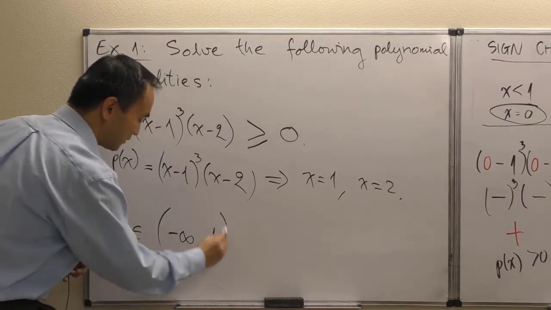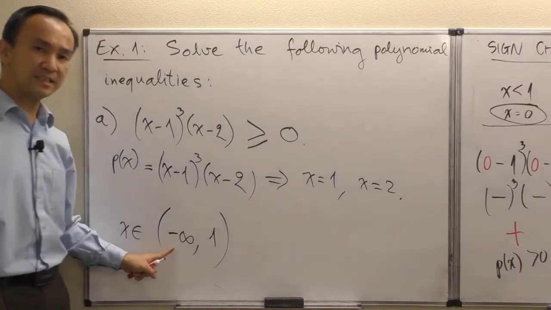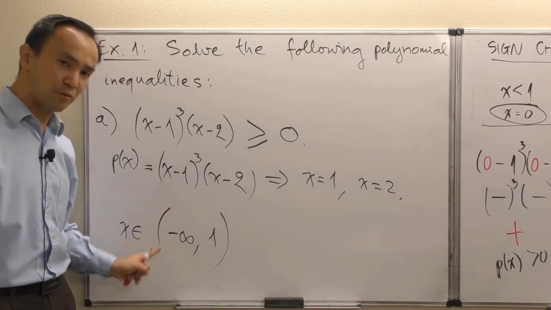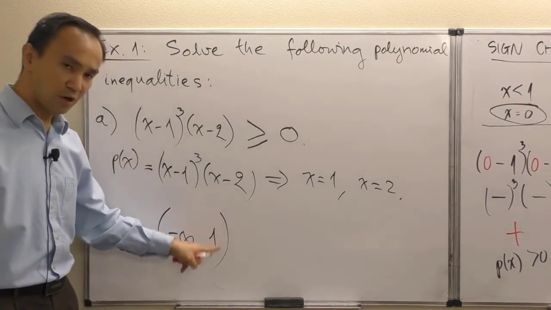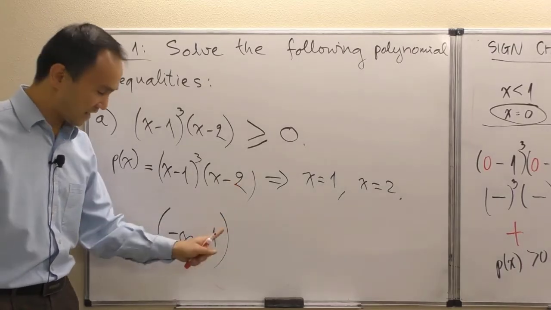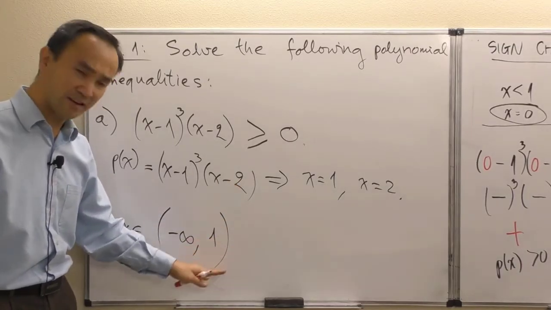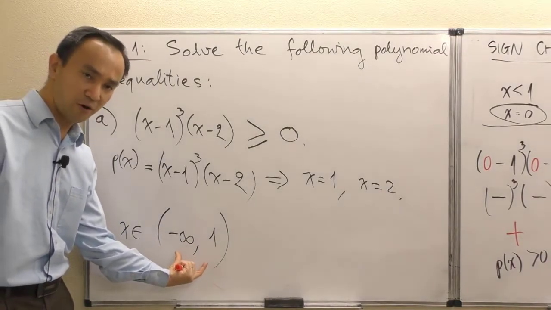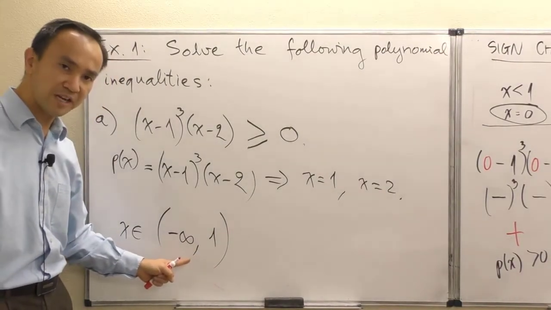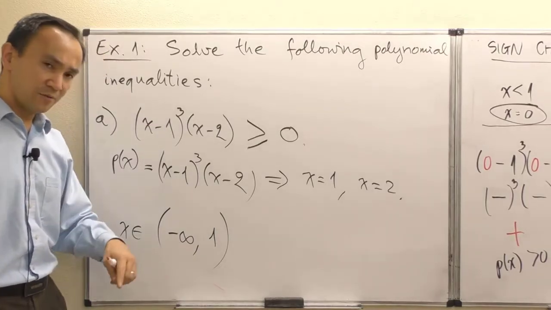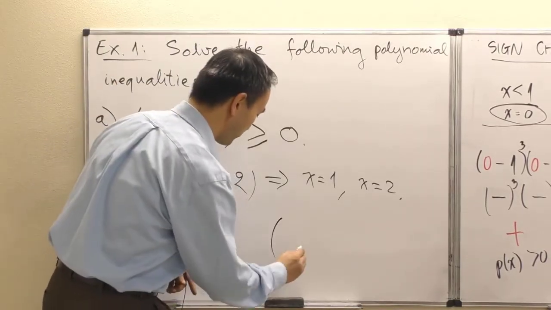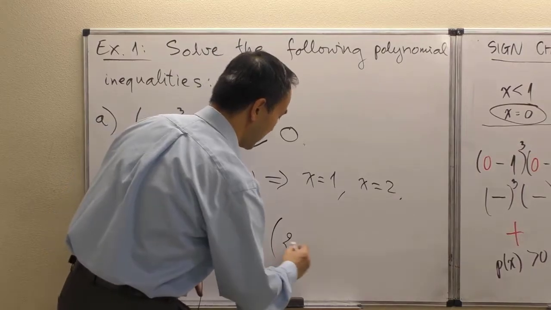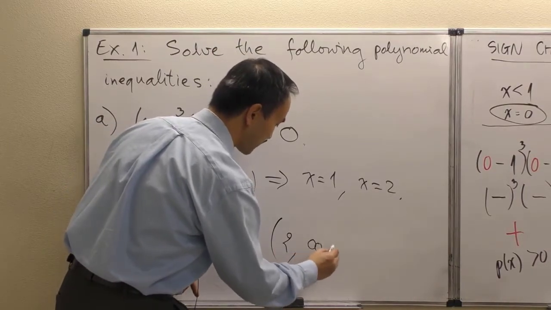Infinity will always get parentheses. I'm leaving that a little open here and will enhance that later. It's not my final answer, but strictly between this interval the function is positive. We found another interval from 2 to positive infinity.